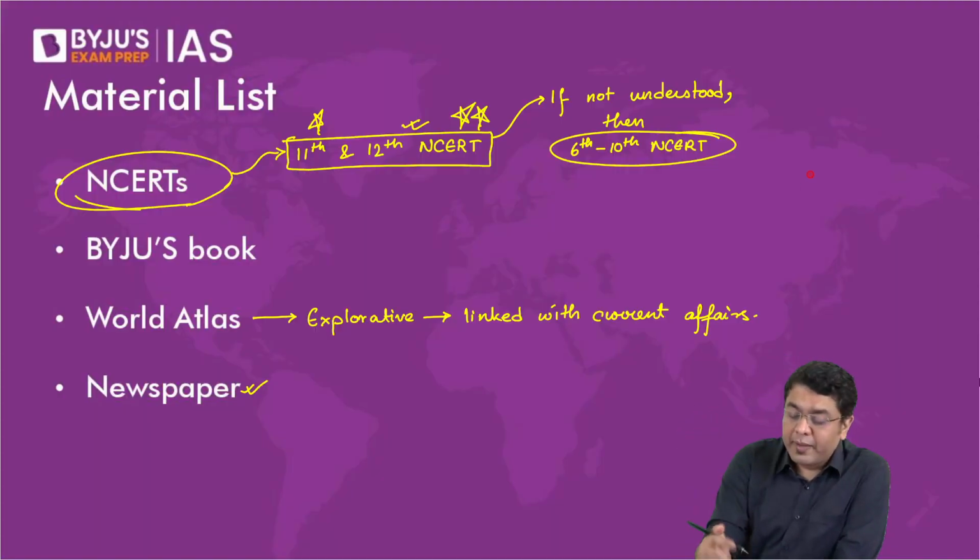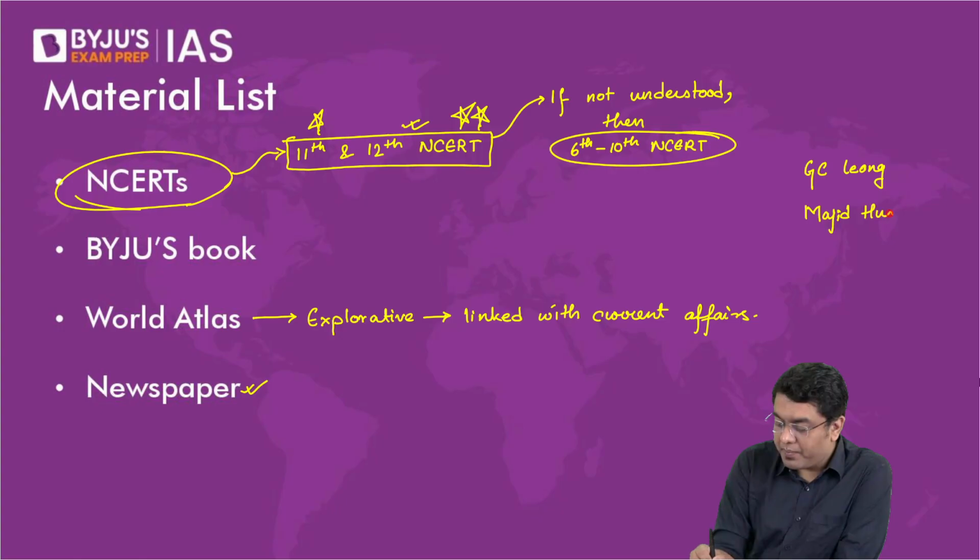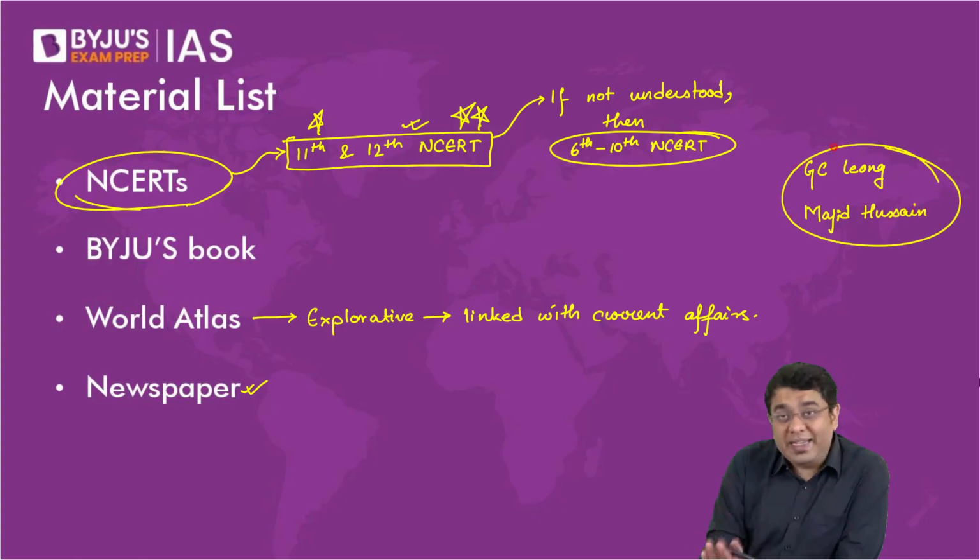Many of you would have had the urge, or your friends or your colleagues would have told you about books such as G.C. Leong, Majid Hussain. Now, these are the books which would be suggested by many of your friends, your seniors, etc. Let me give some clarification.